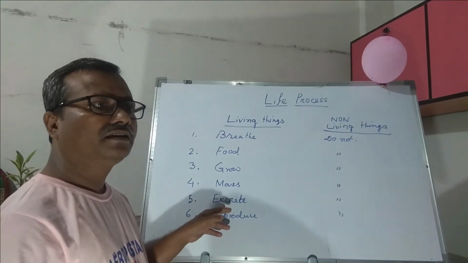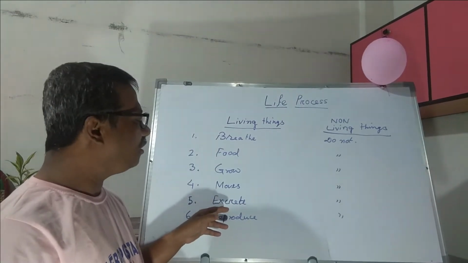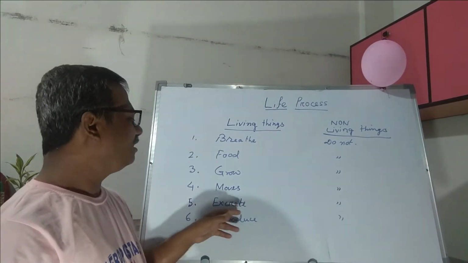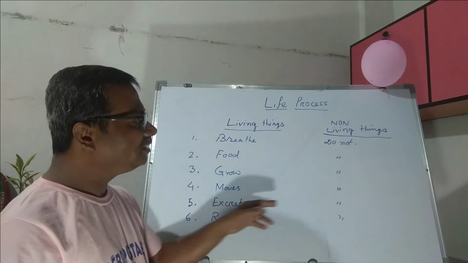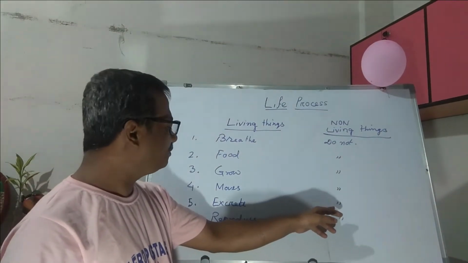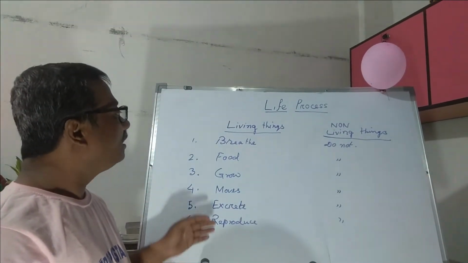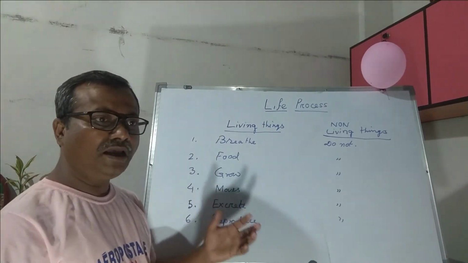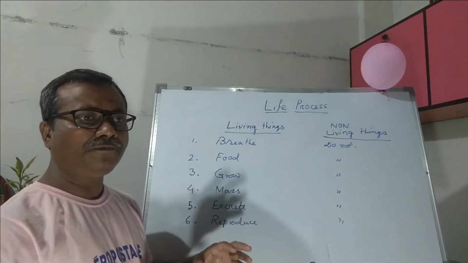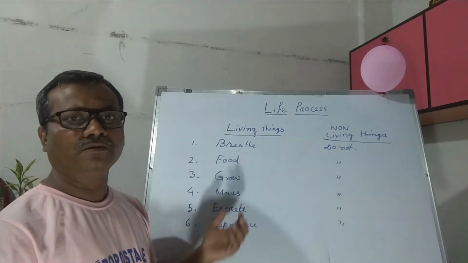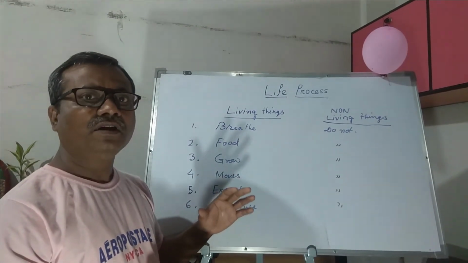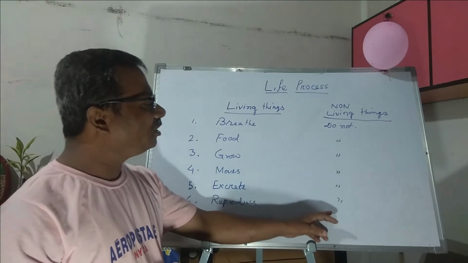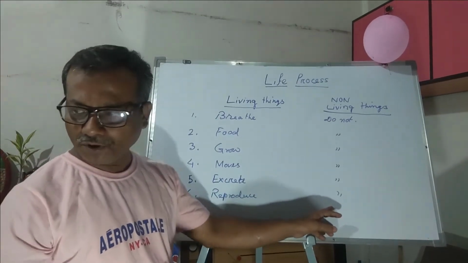This is discharged by the body, called excreta, or they excrete. Non-living things do not excrete. Living things reproduce. That means they produce babies of their own, similar to them. But non-living things do not reproduce.